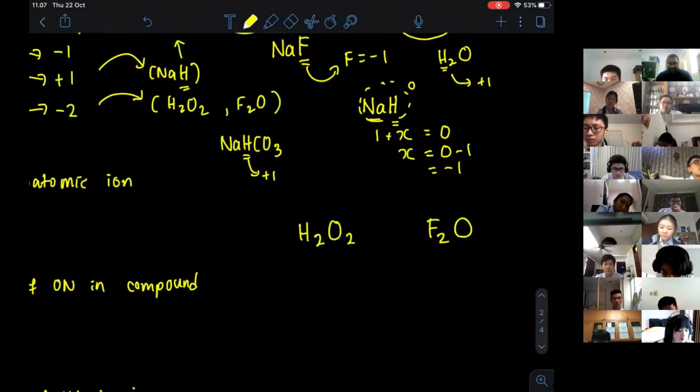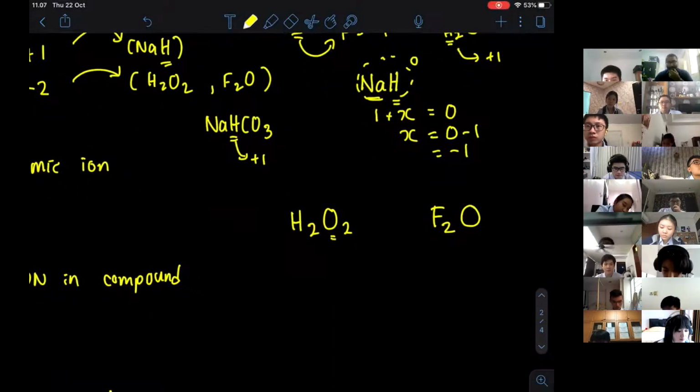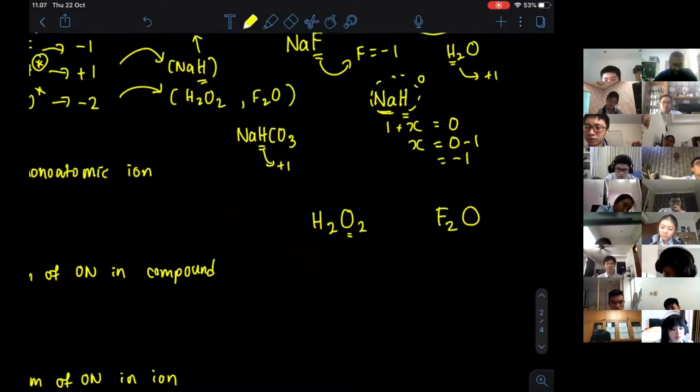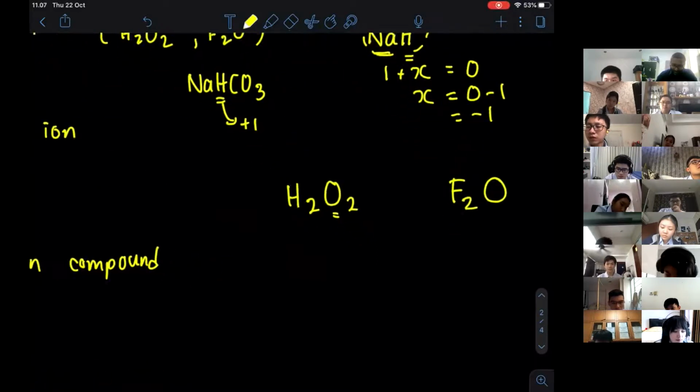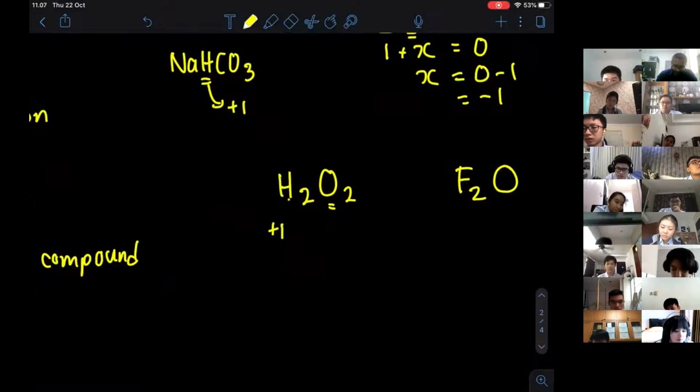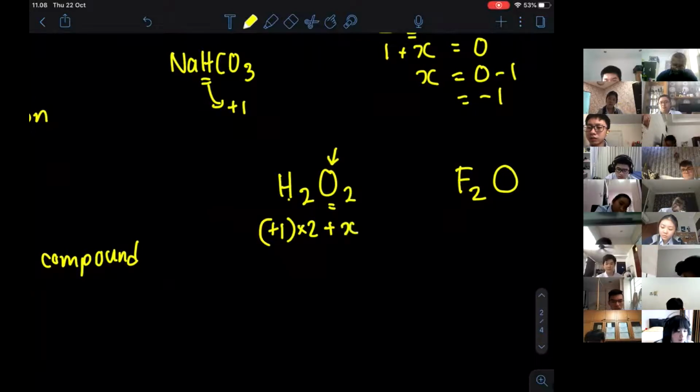If I want to calculate the oxidation number of O in H2O2, I mentioned that all the time hydrogen is going to be +1 except in NaH. So this one is +1, and there's 2, so times 2, plus I want to find out the oxidation number of this. I put X, and there are 2.